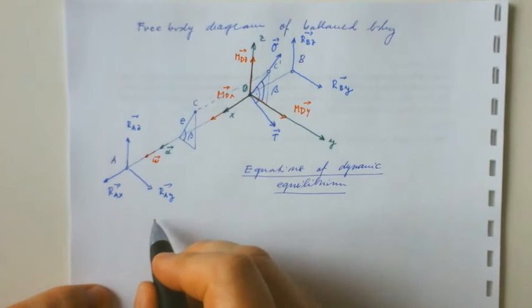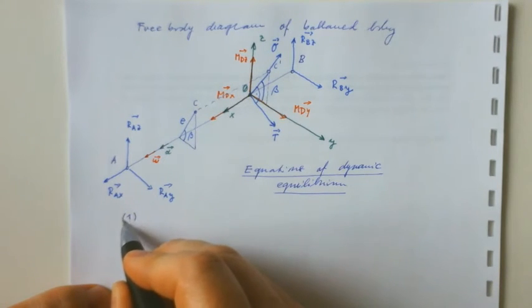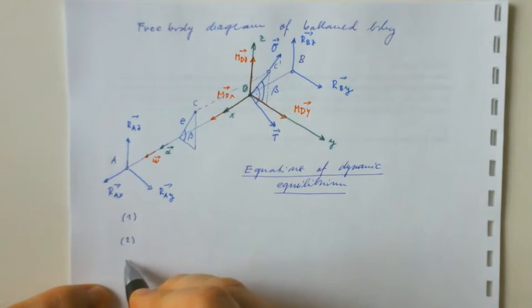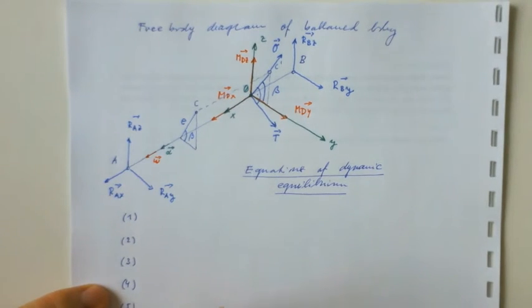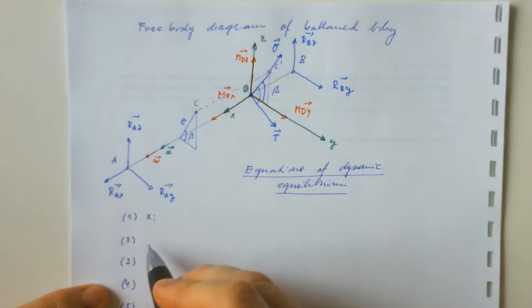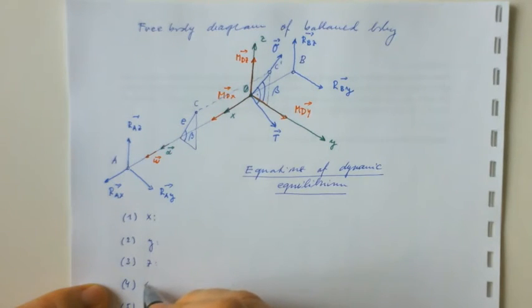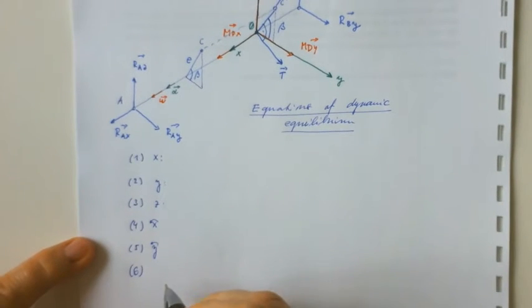There will be 6 equations, in the direction of x, y, z, and about x, y, and z.